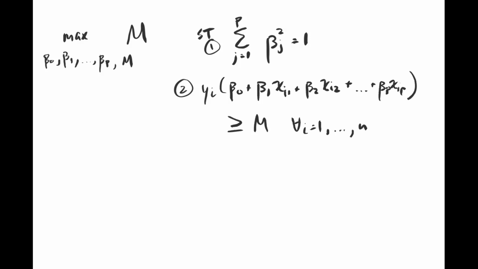So for those who are familiar with optimization, this is the optimization system that you would solve in order to obtain the betas that define your hyperplane. It is similar in principle to figuring out the betas for a linear regression.